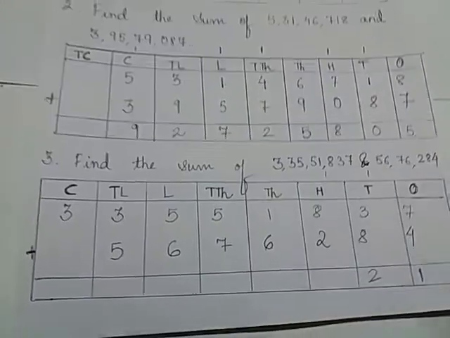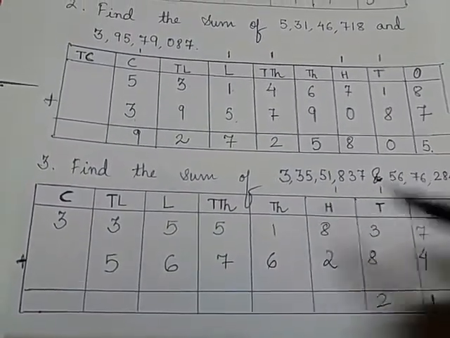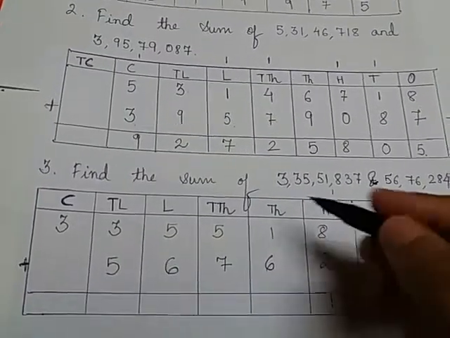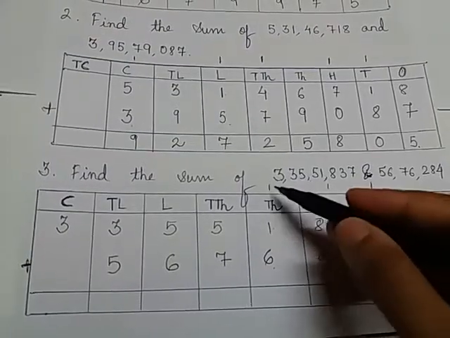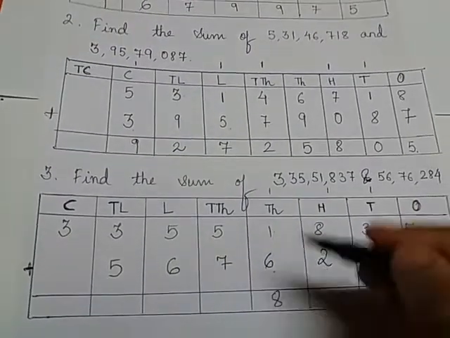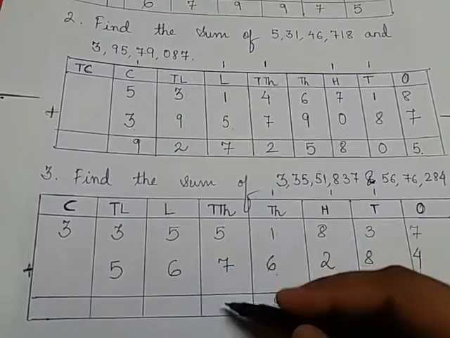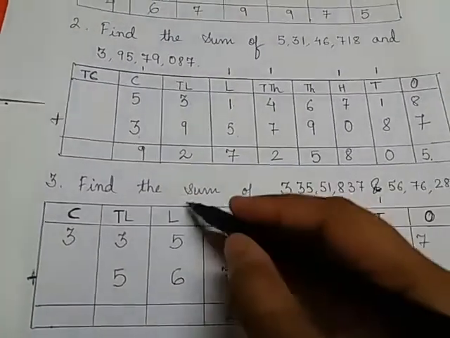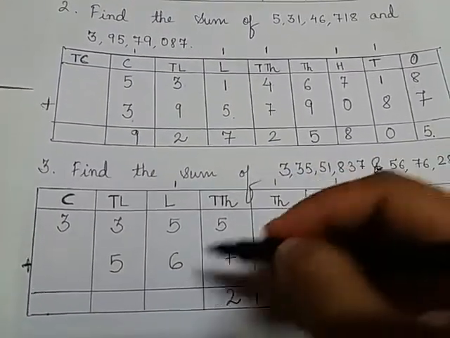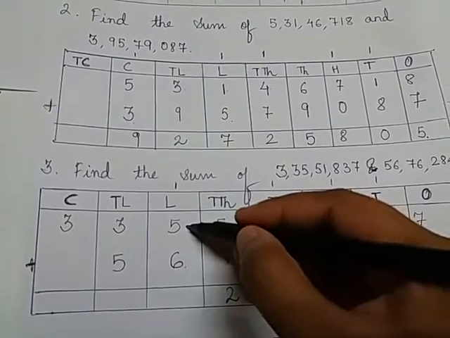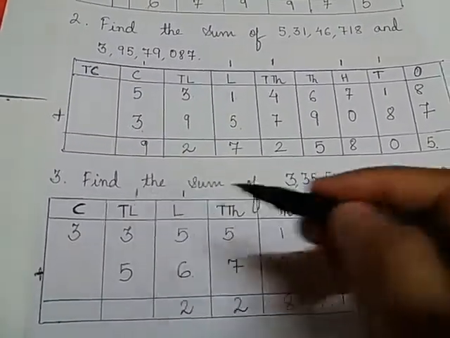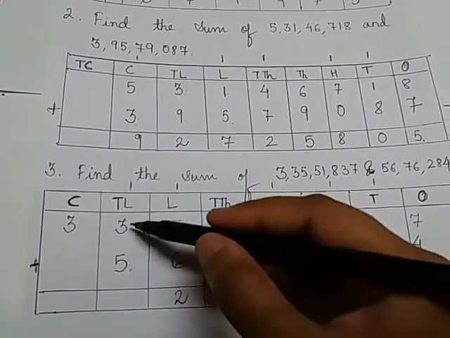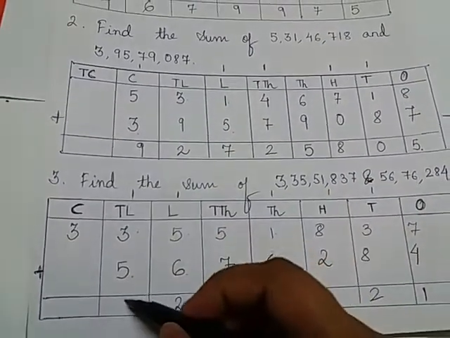Again we will take one carry over here. 8 plus 2 is 10, plus 1 11. 1 here, 1 as a carry on. 6 plus 1 7, plus 1 8. 7 plus 5 is 12. 2 here, 1 we will take as a carry over. 6 plus 5 is 11, plus 1 12. 2 here, 1 here as a carry over. 5 plus 3 is 8, plus 1 is 9.